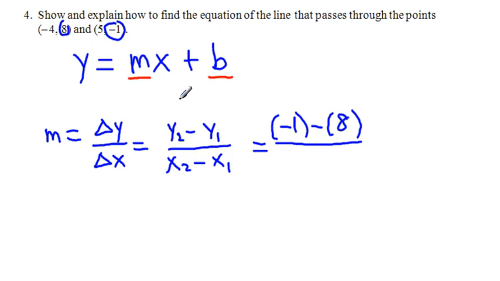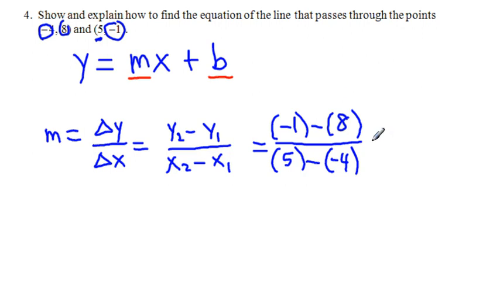Remember, if you do y2 minus y1, you have to do x2 first, then minus x1. So we have 5 is the second x coordinate, minus whatever the first x coordinate is, and the first x coordinate is -4. So it's minus -4. And now you can see why I put parentheses. It matters because you're subtracting a negative, which will end up being positive.